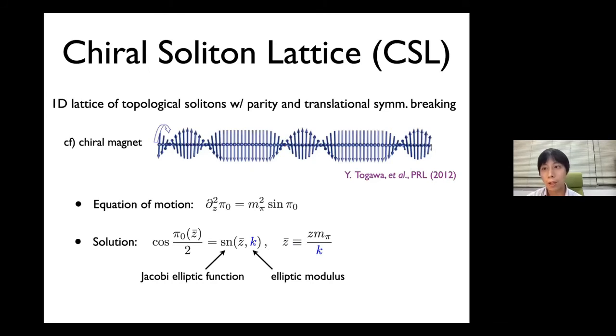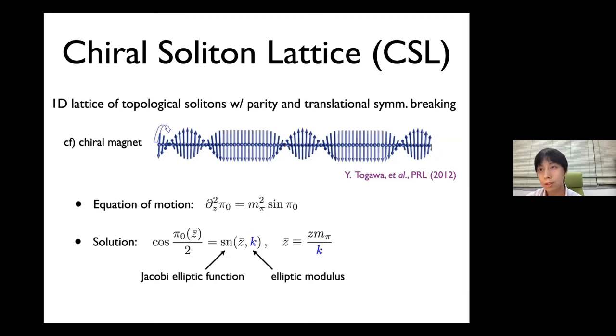The first term comes from the kinetic term, and the right-hand side originates from the mass term. But you should be familiar with this equation of motion because it also appears in classical mechanics. This is exactly the equation of motion for a single pendulum.